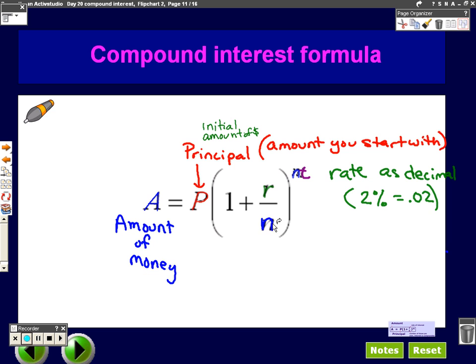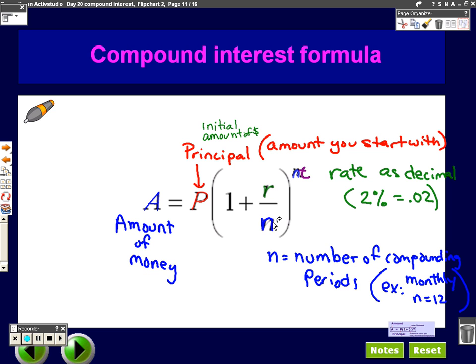N represents the number of compounding periods. Sorry if that's a little hard to read. It says compounding periods. So for example, if this interest is compounded monthly, then your N, your number of compounding periods, is 12. That means you are going to earn interest on your interest.